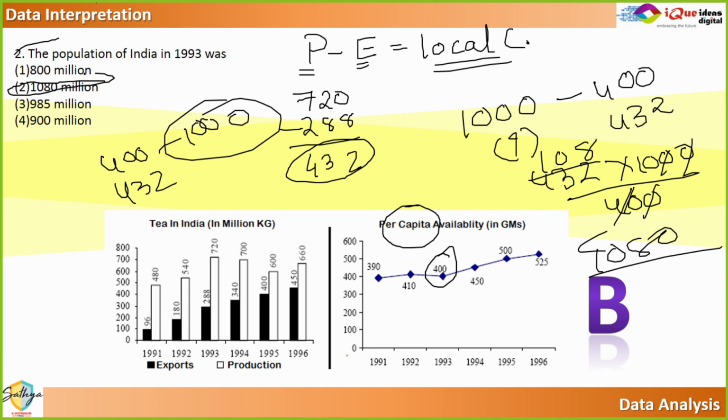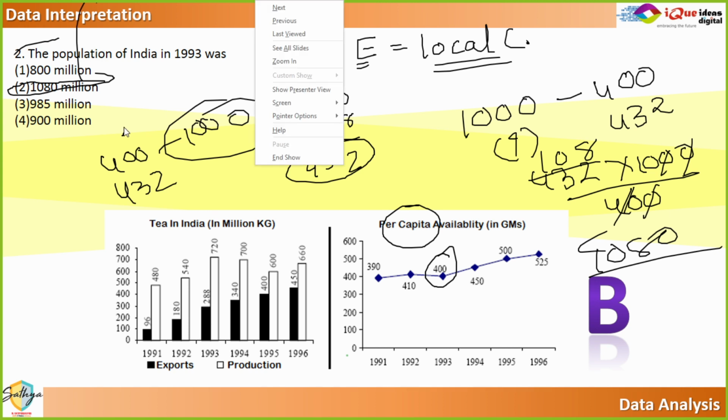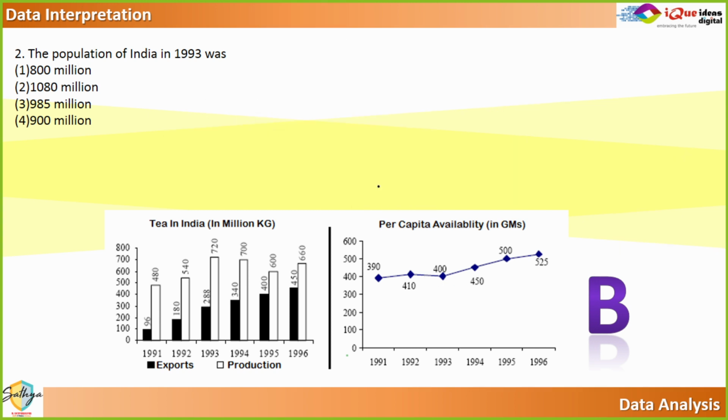Let's just check it once again. It asks us what is the population of India, right? So first let us take 93: my production was equal to 720, and out of production my export was 288.